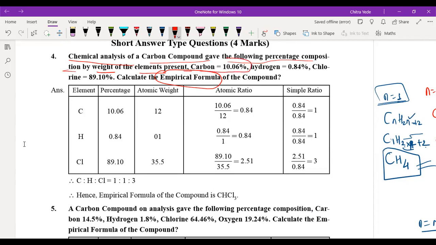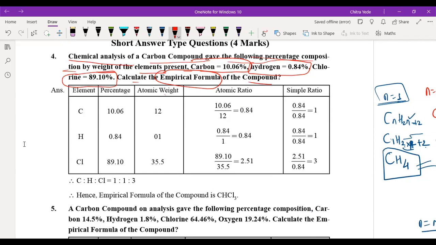Carbon is 10.06%, hydrogen is 0.84%, and chlorine is 89.10%. Calculate the empirical formula for the compound.